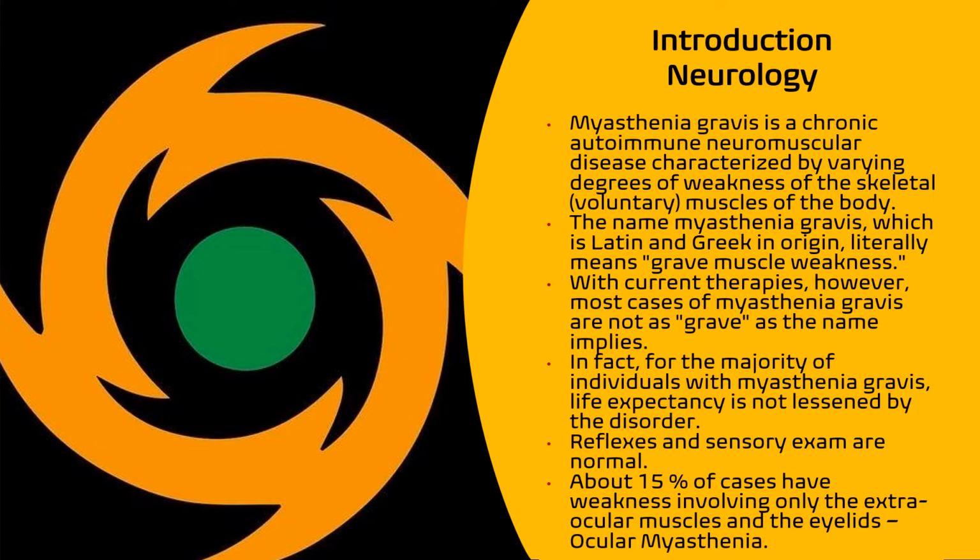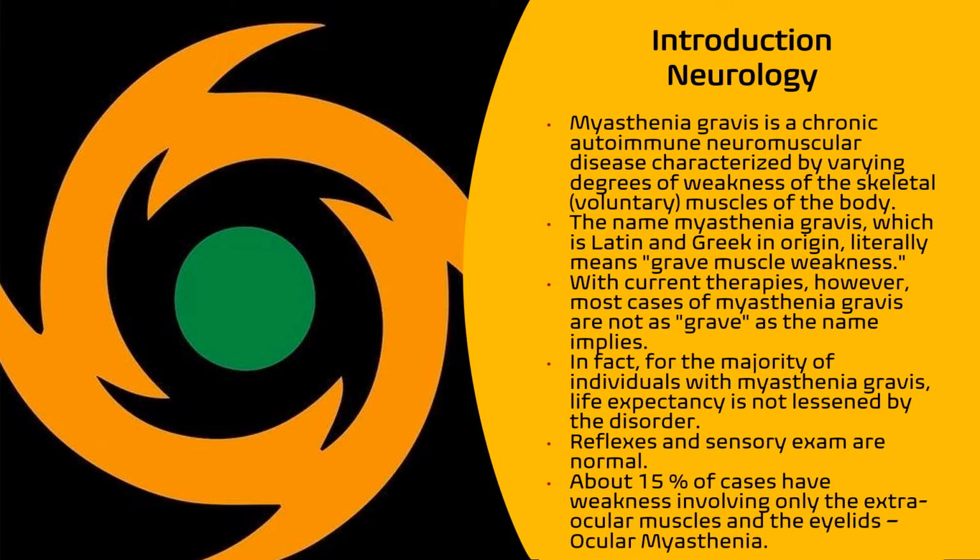And myasthenia gravis becomes more severe with repeated use of muscle, involving particular musculoskeletal physiology throughout the neurological bases that is affected through myasthenia gravis.